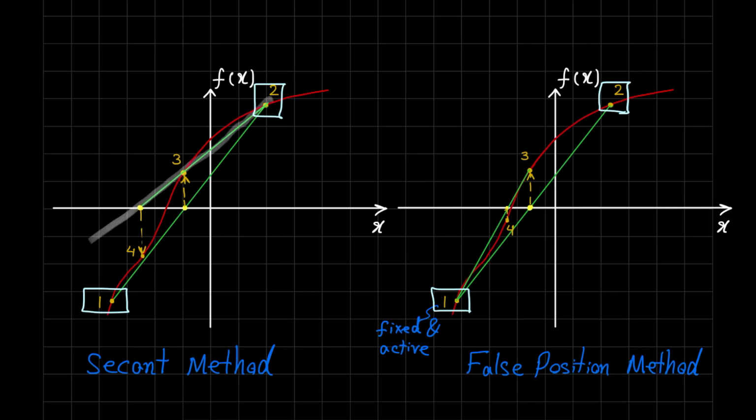And the intersection of this line with the x-axis is a new point, which is point 4. So this is the new point. And we continue this process, and we approach the root. So the important thing about the secant method is drawing the secant line between the new point and the previous point. So that's very important.